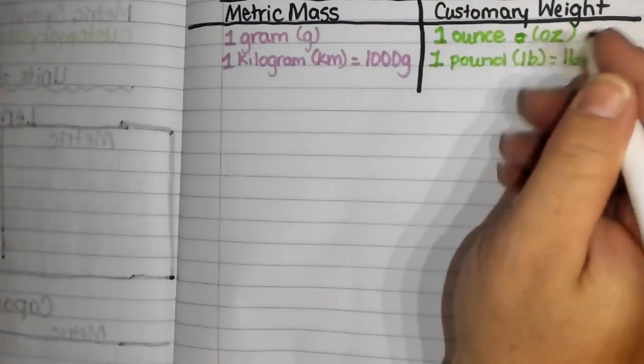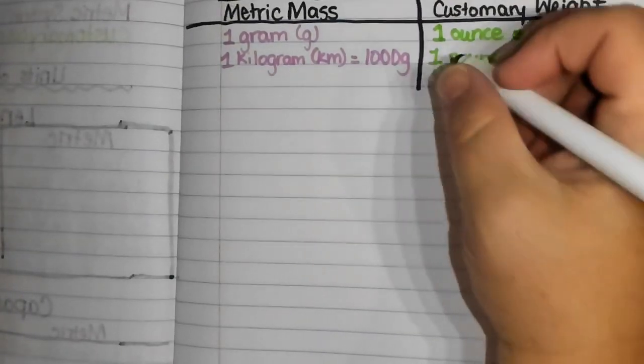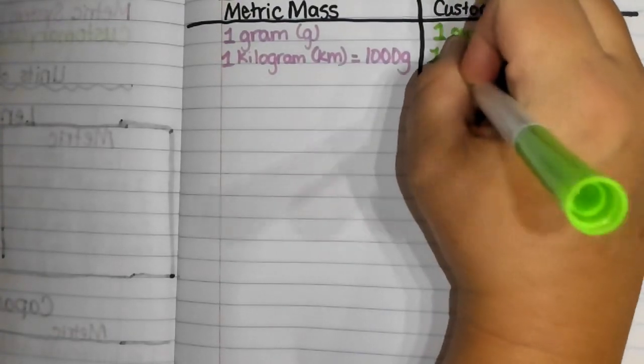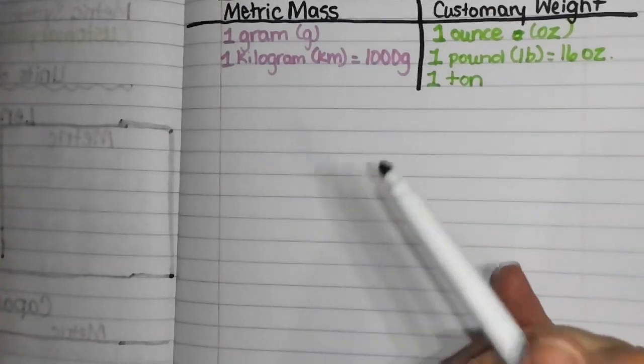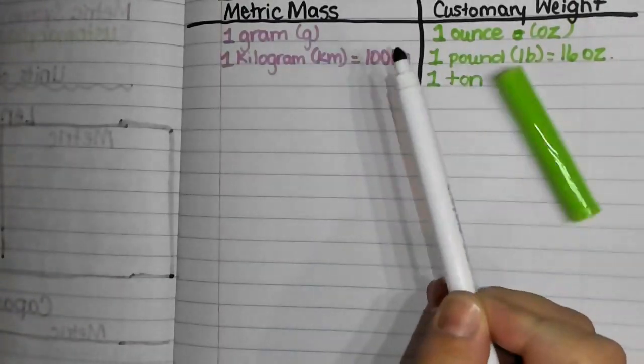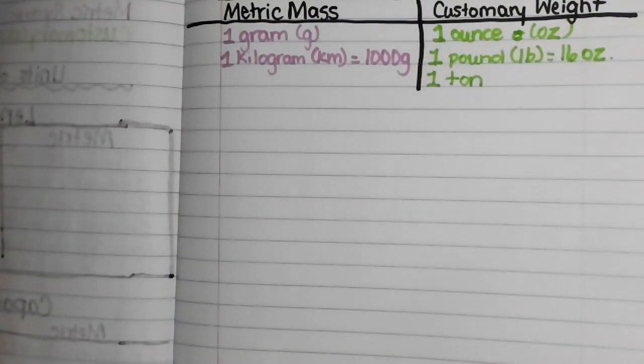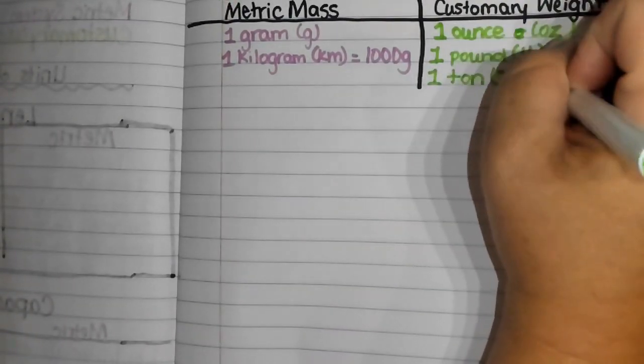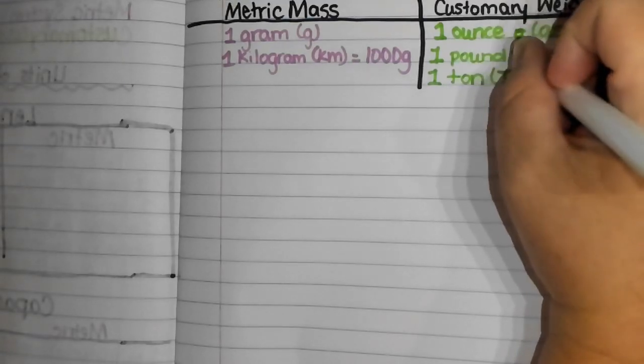When you get to the point where you have 2,000 pounds, you have now made it to 1 ton. So for example, an elephant weighs approximately 7 tons. To abbreviate ton, it is a capital T.